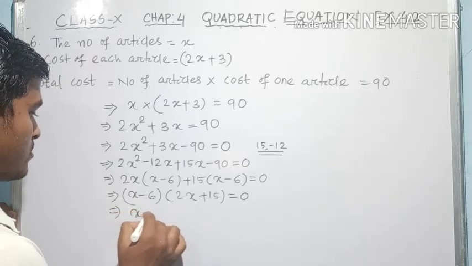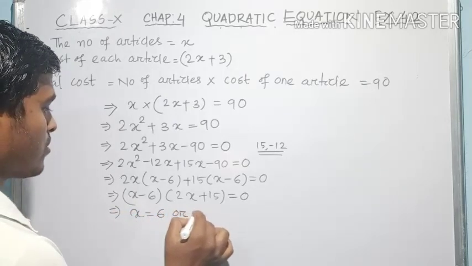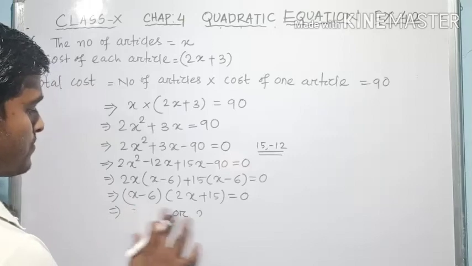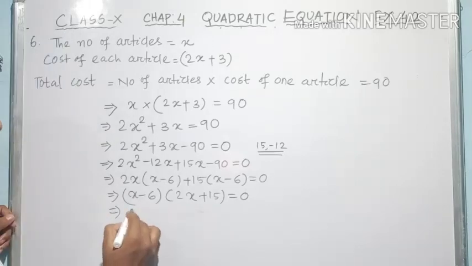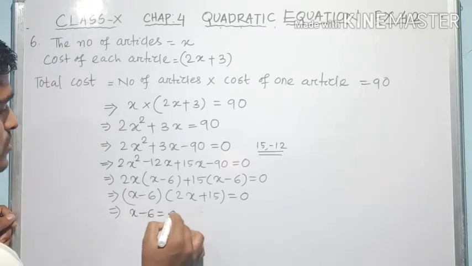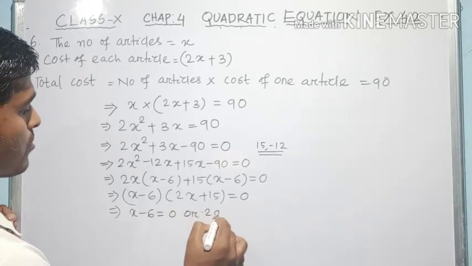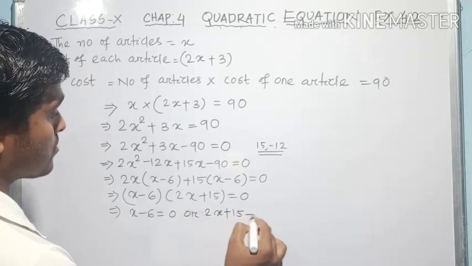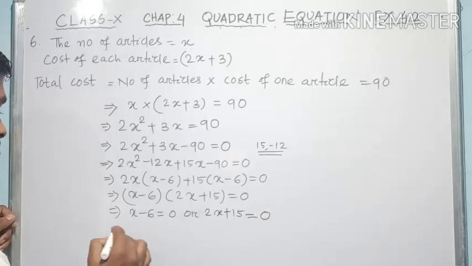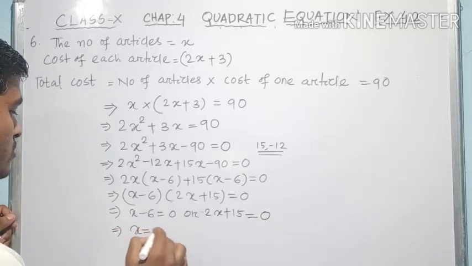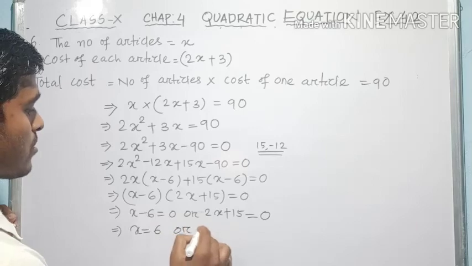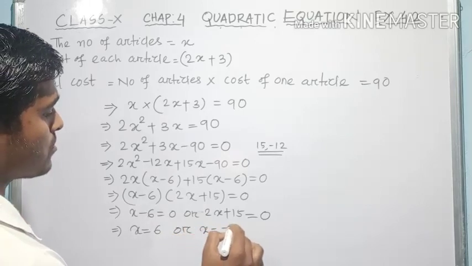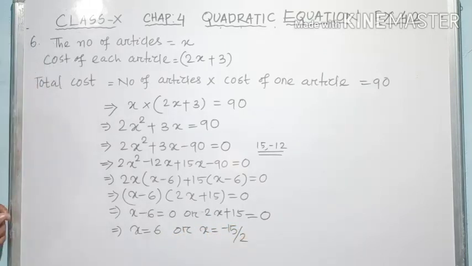Equating each factor to 0, that is x minus 6 is equal to 0 or 2x plus 15 is equal to 0. This implies x is equal to 6 or x is equal to minus 15 by 2. So here x will be 6 because the number of items cannot be negative.